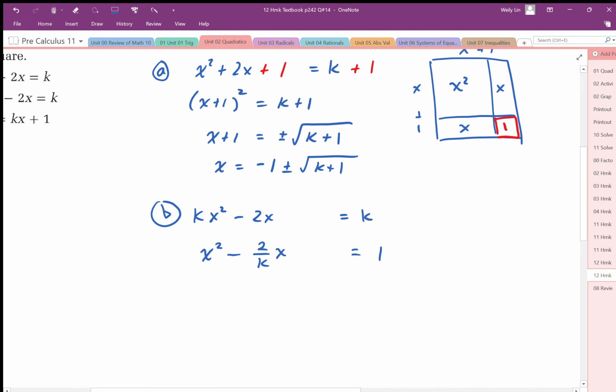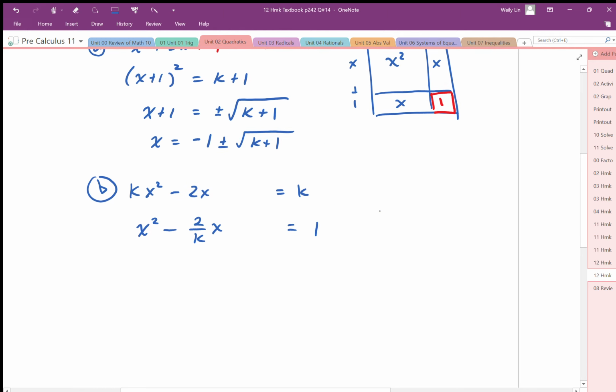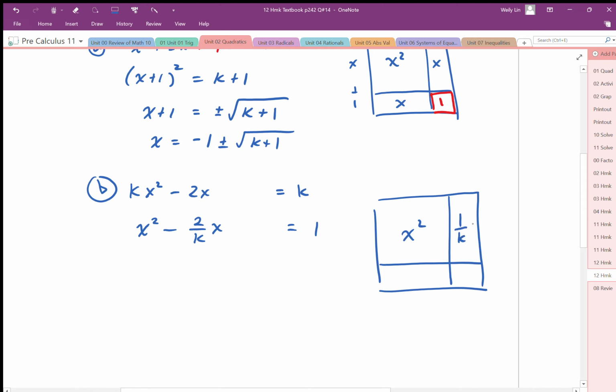Okay, so now we have a perfect square form, x squared, and we can now complete the square here. So I've got my x squared. I've got to distribute my middle term symmetrically, so I'm going to have 1 over k x here, 1 over k x here. That's going to give me my middle term, so that should be negative.